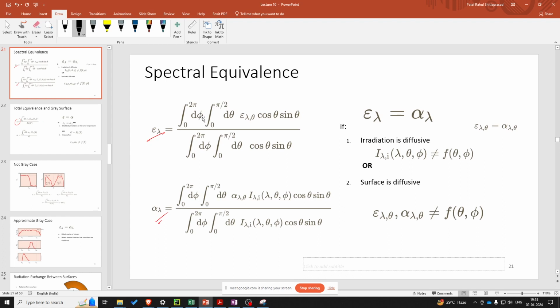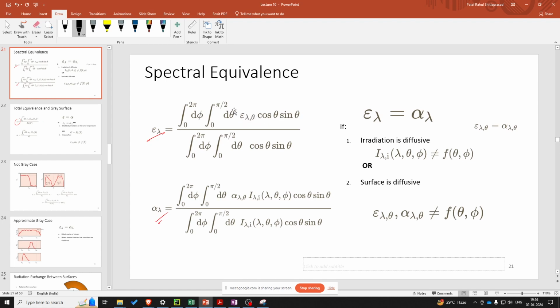This d phi is given as constant, so ultimately from the denominator and numerator, it should eventually get cancelled out. So this term will also eventually be equal to 1. And then you can see it will become the integration from 0 to pi by 2 of epsilon cos theta sin theta.